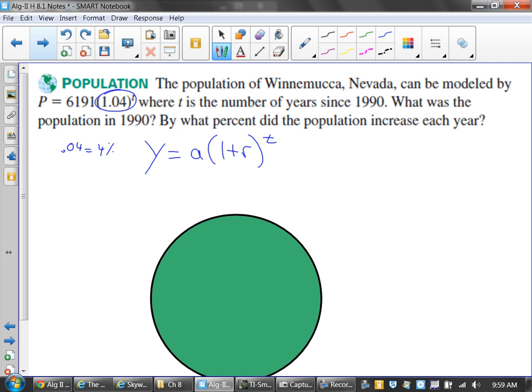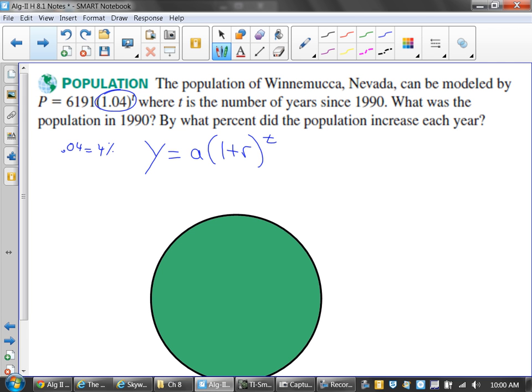That's the rate at which it was increasing. Now, if they ask for the initial population in 1990, what's your value of t? 0. And what's your value of A? 6191. Wouldn't that be your initial amount in 1990?